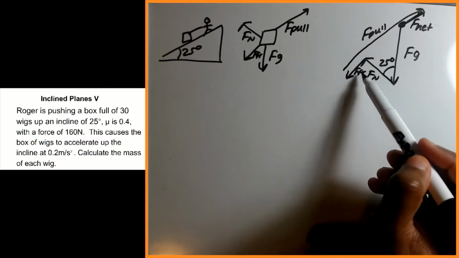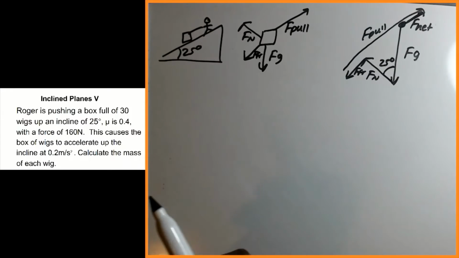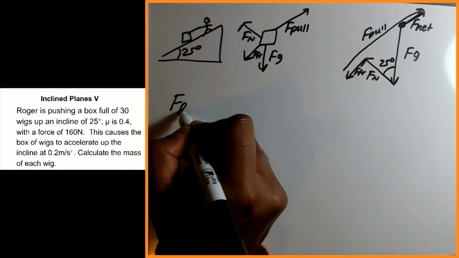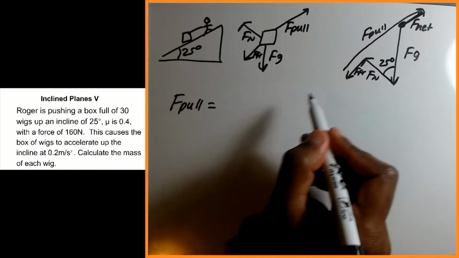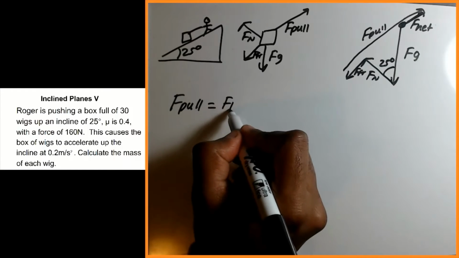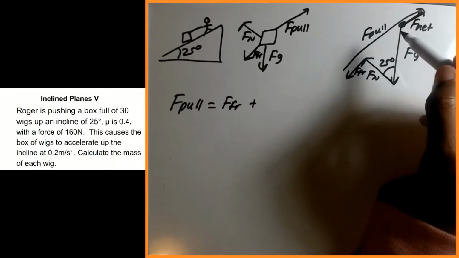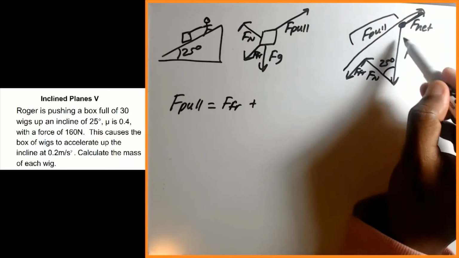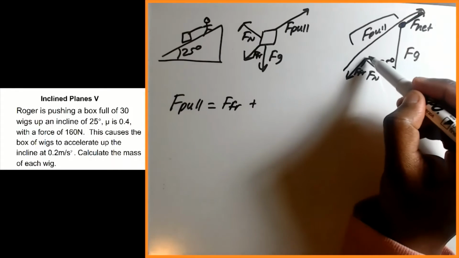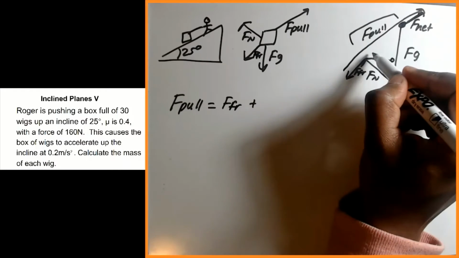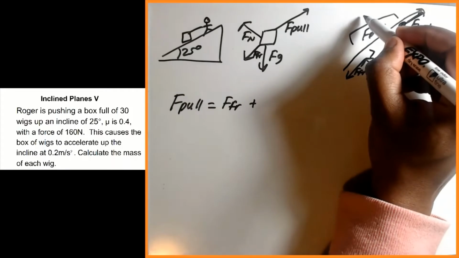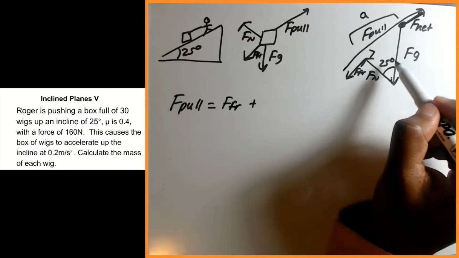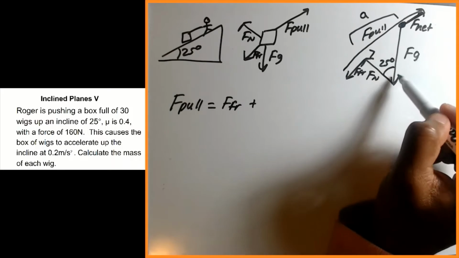So that contains both F friction and F net, which both contain mass. So if we write that, we get F pull is equal to the force of friction, plus, remember this midsection right here. So this is still a right angle triangle, this part right here. So Fg, Fn, and this section right here. So let's just call this section A and solve for it. A is opposite to this angle and Fg is the hypotenuse.